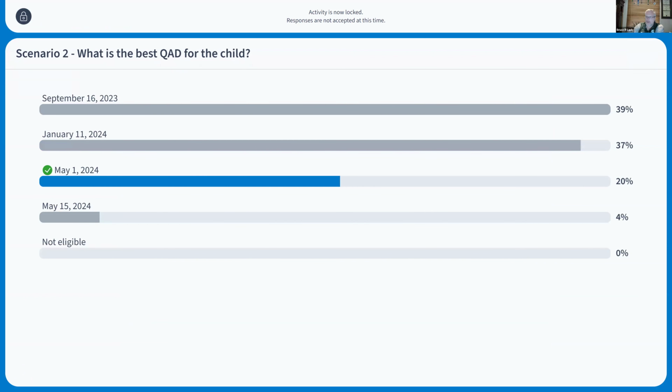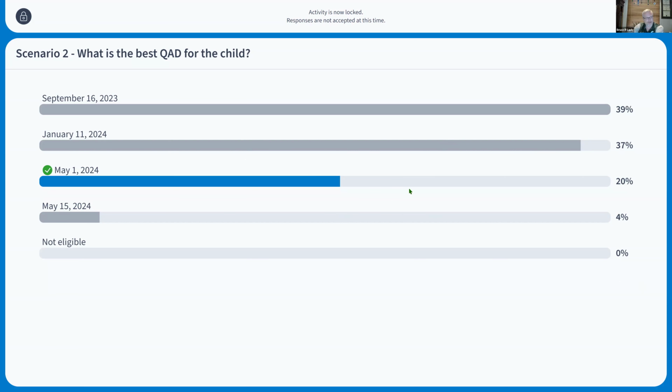And the correct, whoa. The correct answer should be January 11th. The poll has the wrong answer. The correct answer would have been actually January 11th.